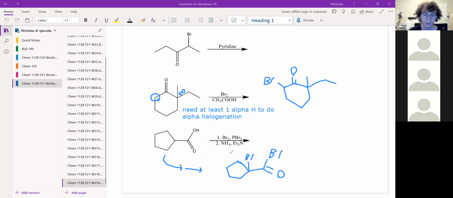This is an intermediate, and this is the part where the water came in before. But this time, like I said, we're adding NH3 instead of water.